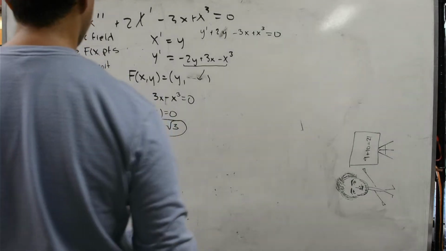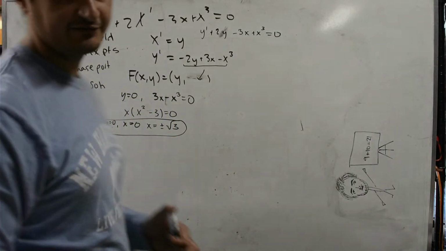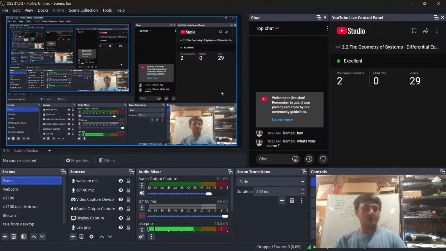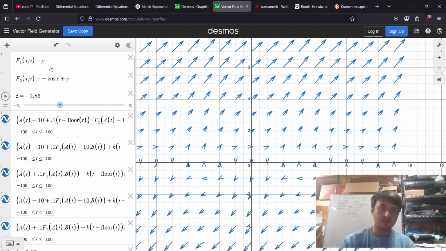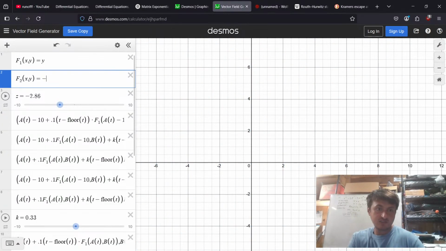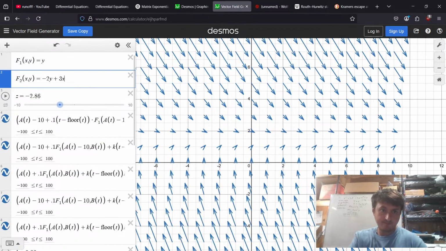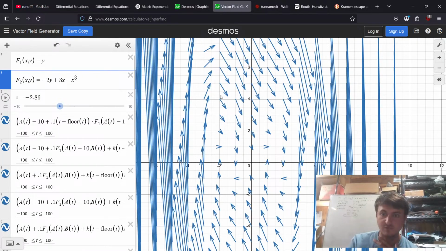Now the phase portrait. Now they allow us to look at the direction field. So let's look at the direction field. So this is good, and then we're just going to do minus 2y plus 3x minus x cubed. Oh, whoa.